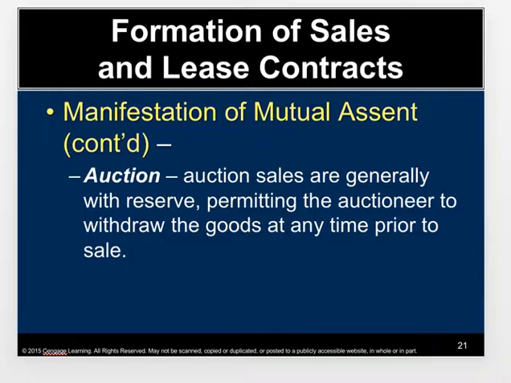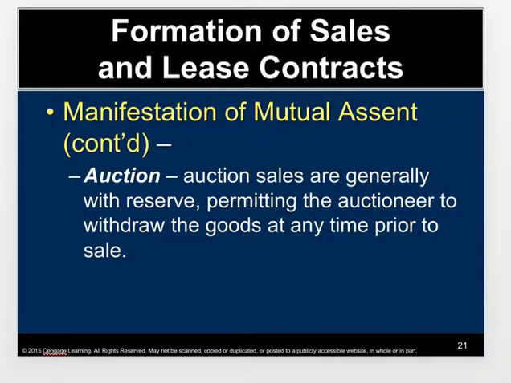So let's say that my reserve is $1 million. Until that reserve is hit or triggered, I don't have an obligation to sell. I could actually withdraw the goods at any time prior to the sale. As long as that reserve is not hit or attained, I can always withdraw.